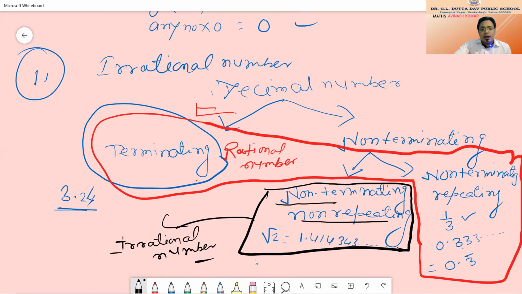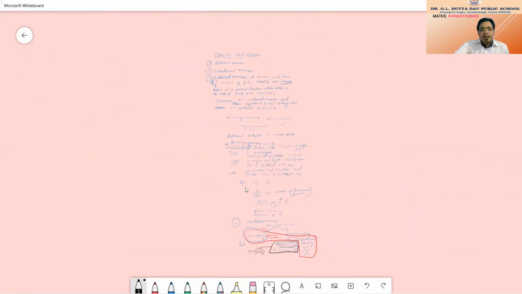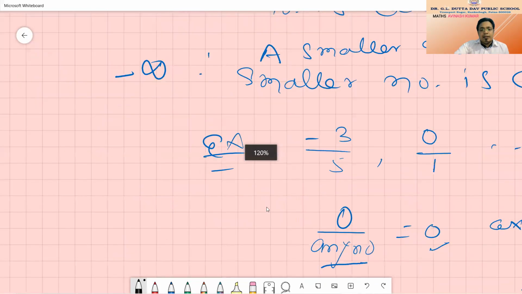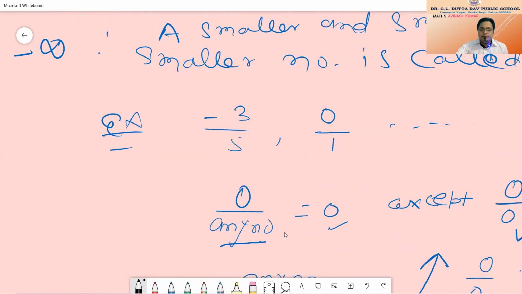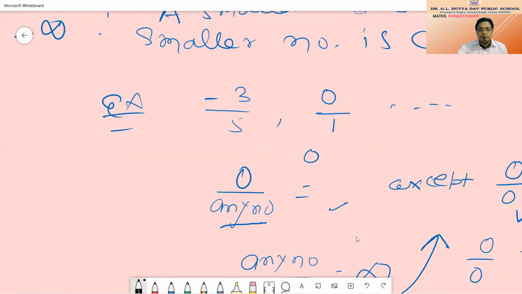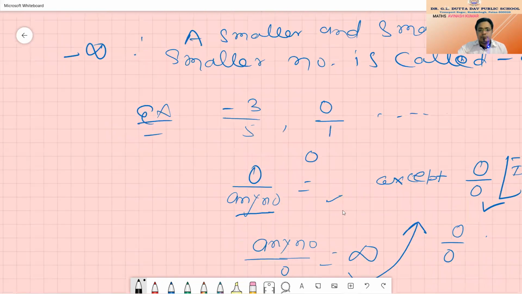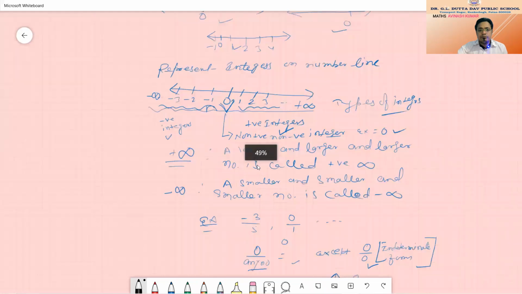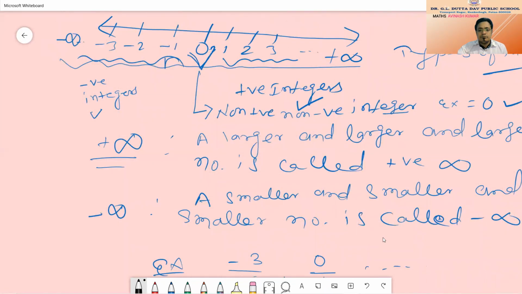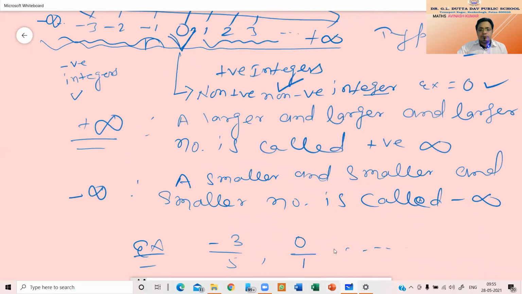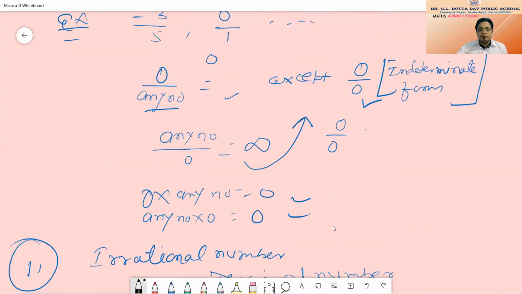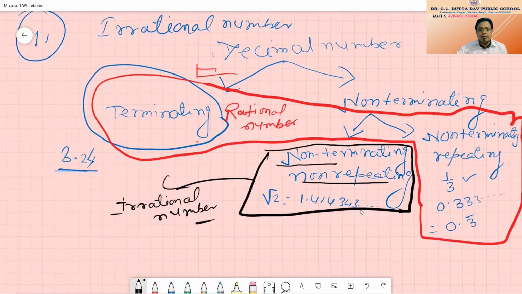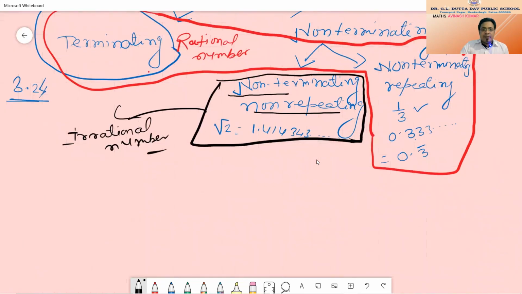So what are we able to see here, students? It means there are two types of numbers, rational and irrational.